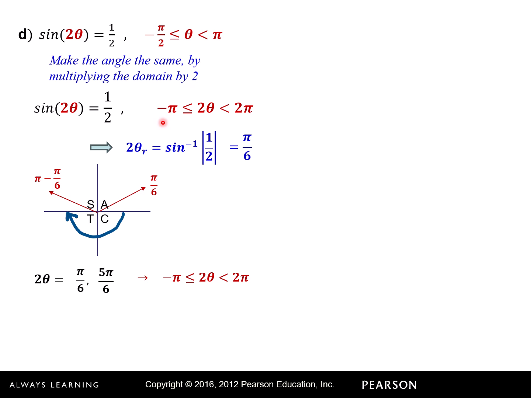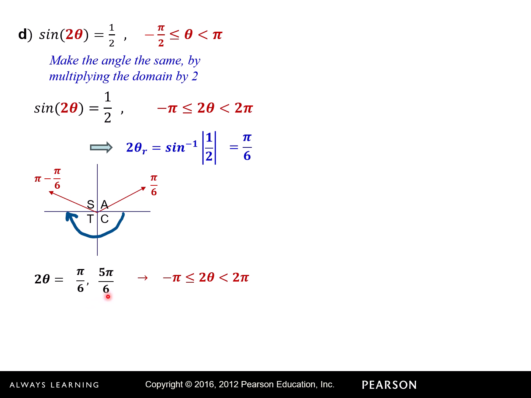And we can see here that from 0 to negative pi, there is no angle solution we can find in the third quadrant and in the fourth, because the angle solution is only in the first and the second quadrant, meaning there's no angle solution that we can find from 0 to negative pi. So 2 theta is only equal to pi over 6 and 5 pi over 6.